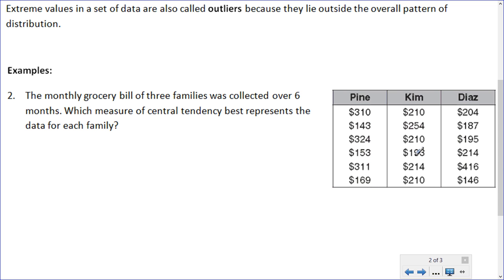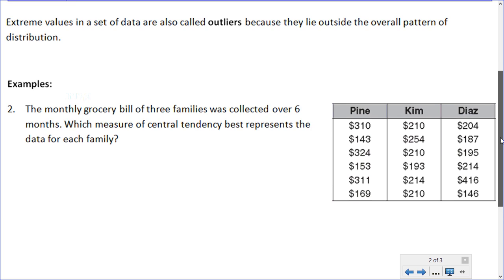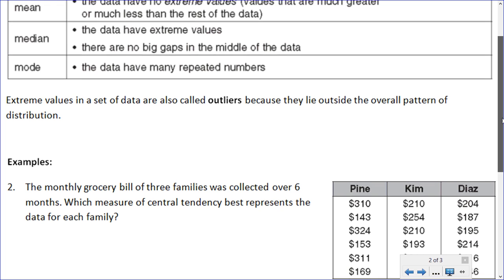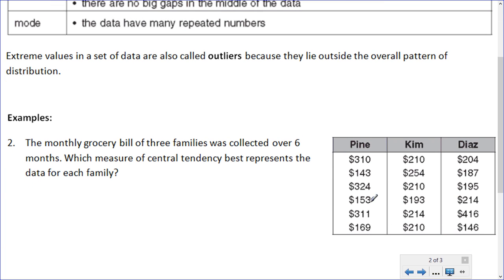So this would be an example of where the median would not be useful because there are big gaps in the middle of the data. We have a cluster in the 100s and a cluster in the 300s. So the median here would be very sensitive to just how many in each area we have. In this case, we have 3 that are around the same area and 3 others that are around the same area. So the median is not going to be the best representative here.